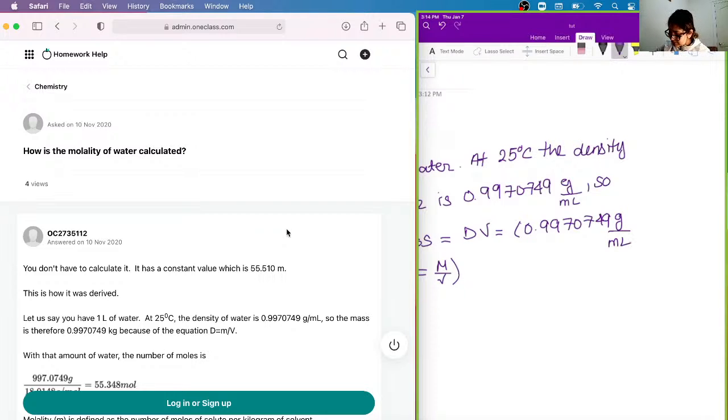by our volume, which is 1 liter, but we have to convert the units here.